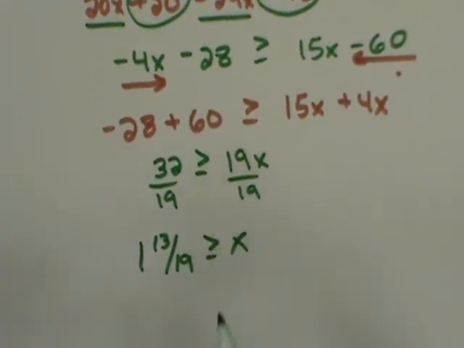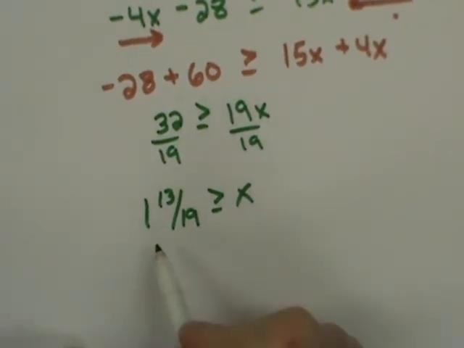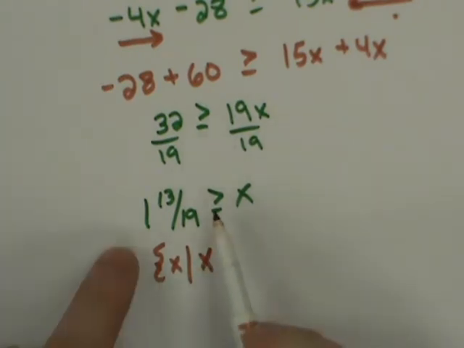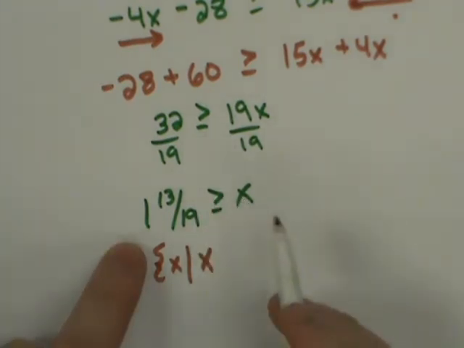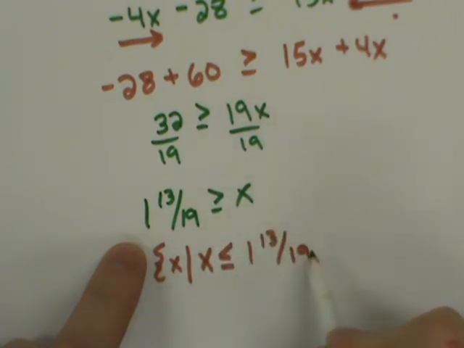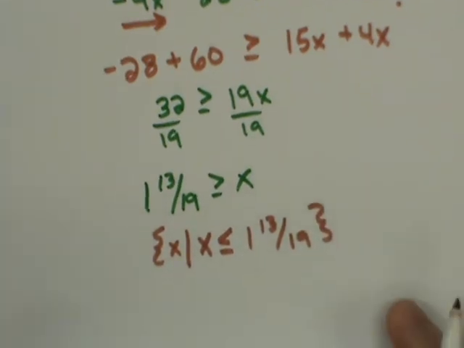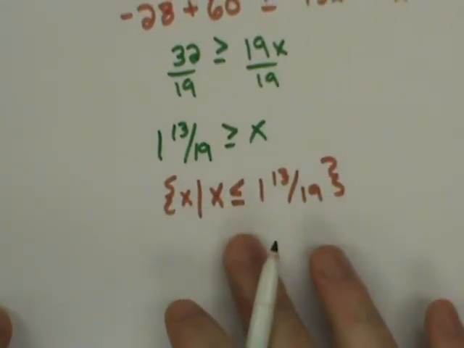Because this was an inequality, you know that you have to use that set builder notation. We would say the set x such that x, as I look at this, I notice that it's pointing at the variable. It points at the variable, so it still needs to point at the variable here. And this represents there's a ton of answers that would actually solve this.